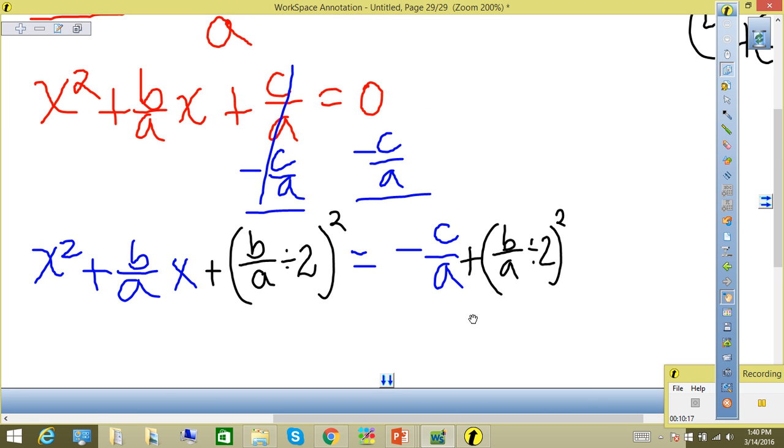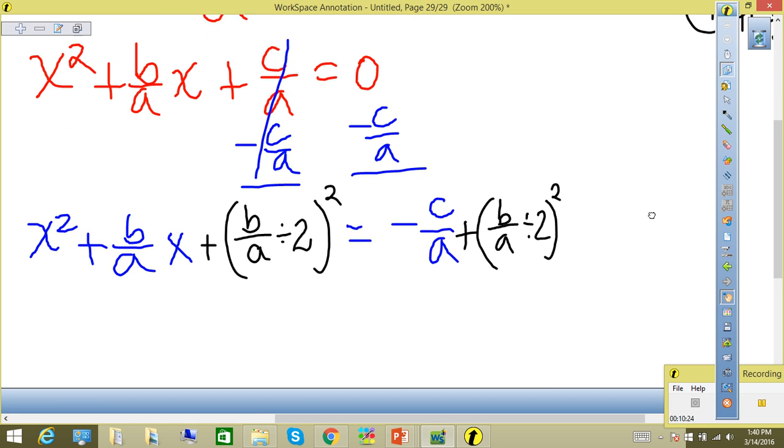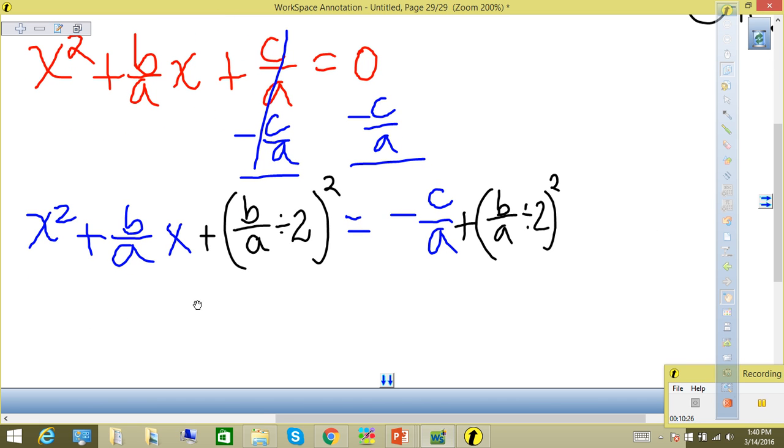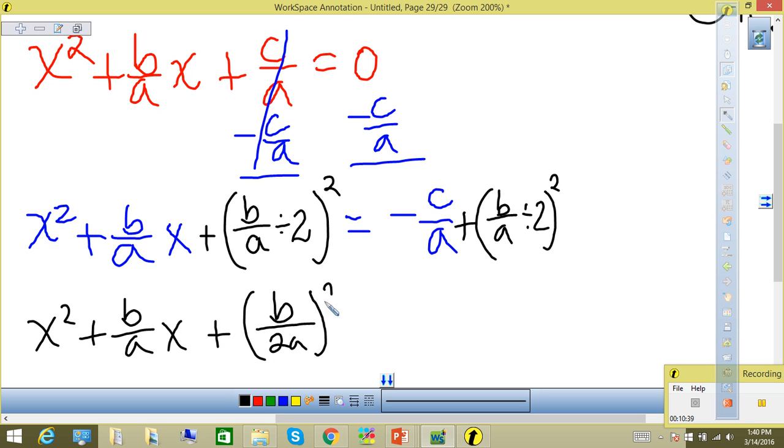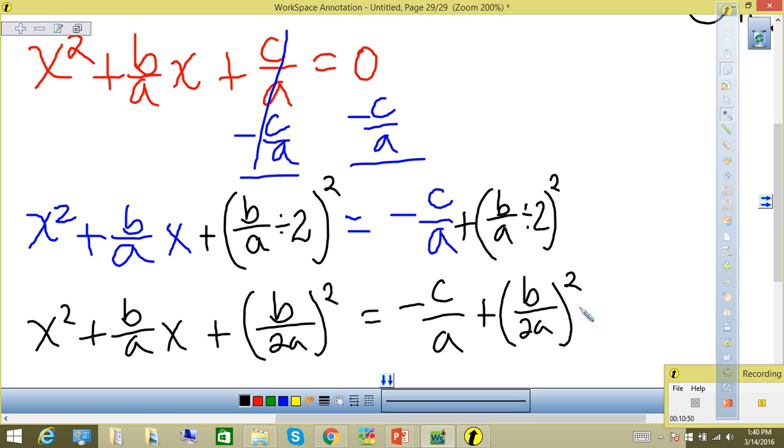Now, before we go to the next step, I need to simplify this side. I have two different fractions, but there's some more stuff going on here. So check this out. I'm going to write the next step, which is x squared plus b over a x plus b over 2a squared equals negative c over a plus b over 2a squared.